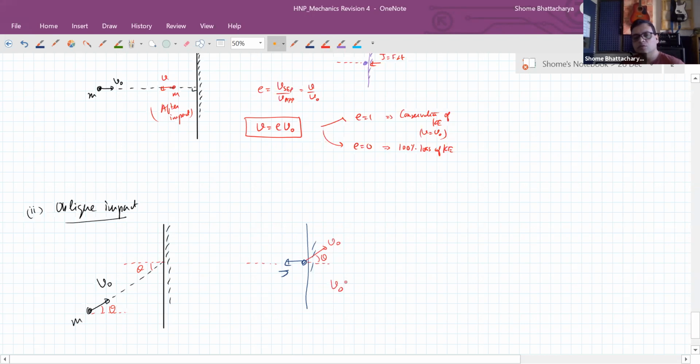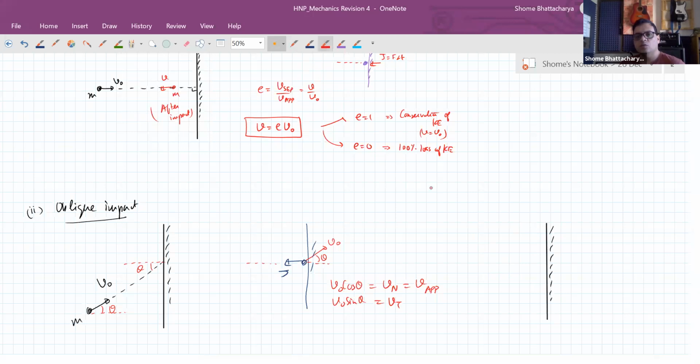So v naught cos theta, this is the normal component of velocity, and this is, in fact, the approach velocity. Whereas v naught sin theta, this is the tangential component of velocity. So after impact, the tangential component will remain conserved, and the normal component will depend on the value of coefficient of restitution. This angle was theta.